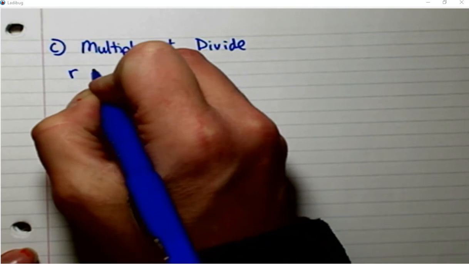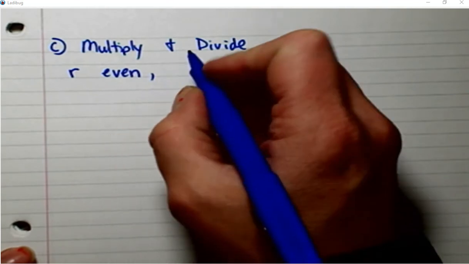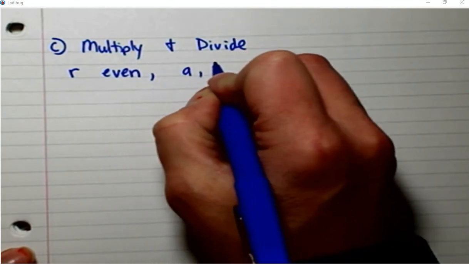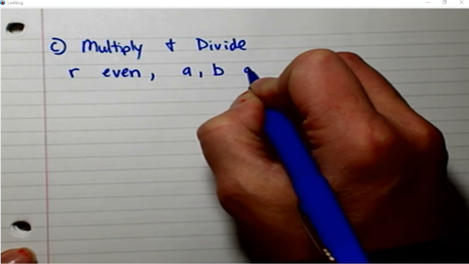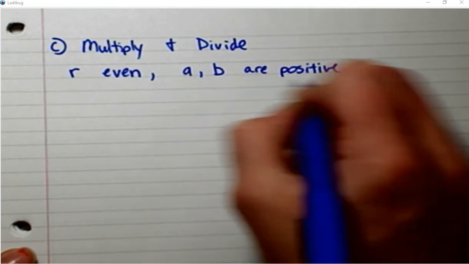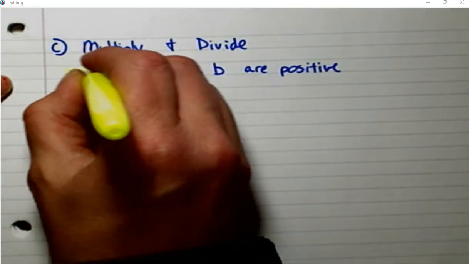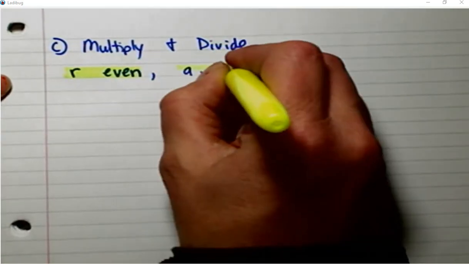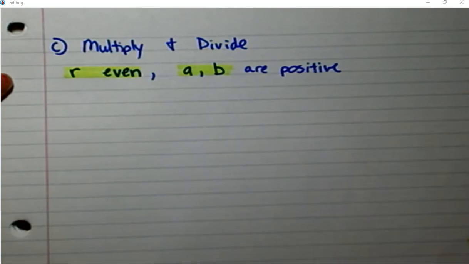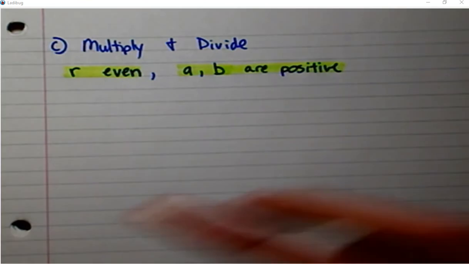So if r, the root, is even, okay, in order to multiply them, we need to make sure that both the a and the b are positive, okay? And that would be the numbers under the radical, all right? So if we have an even root, then in order to do this multiplication and division, we need to make sure that a and b are positive.